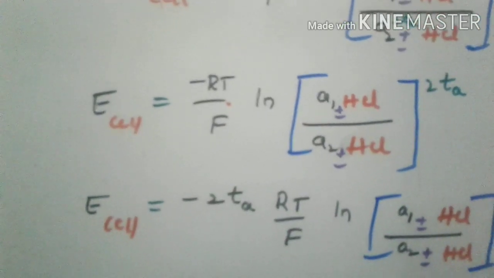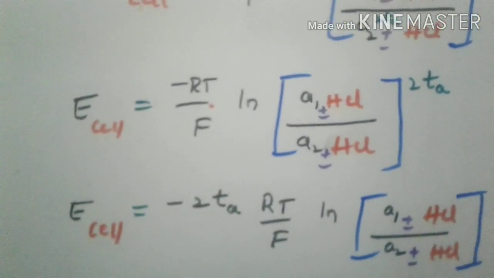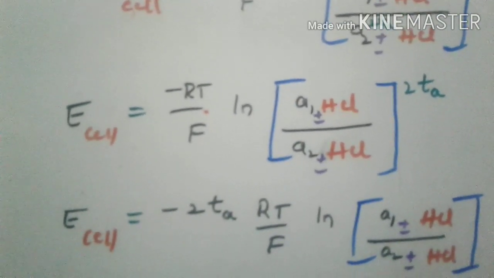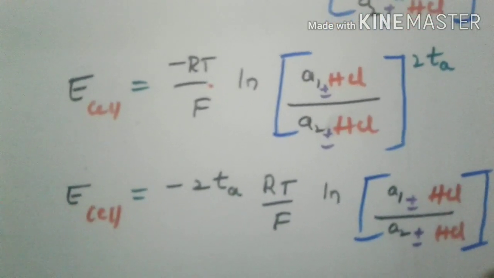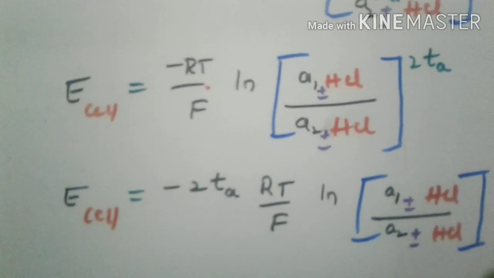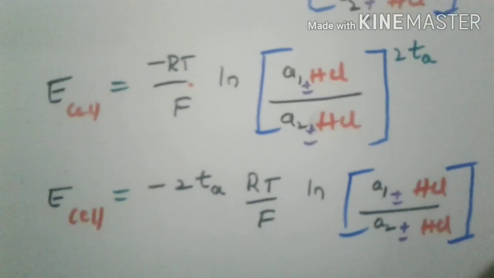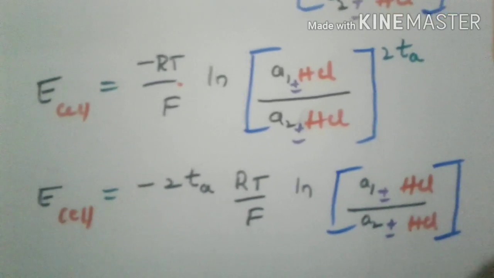Then E cell is equal to, we know the formula that ln n power m can be written as m ln n, which is what we have written here. E cell is equal to minus 2Ta RT by F ln of A1 plus or minus HCl by A2 plus or minus HCl.